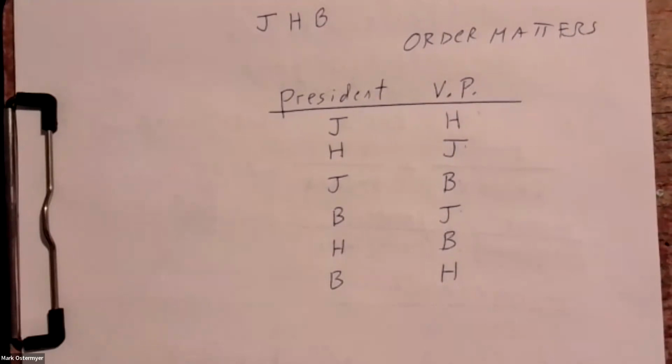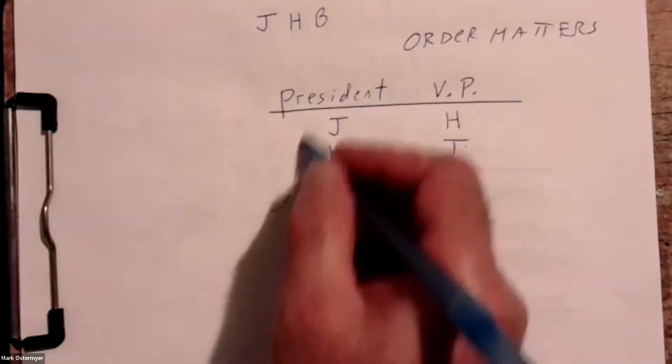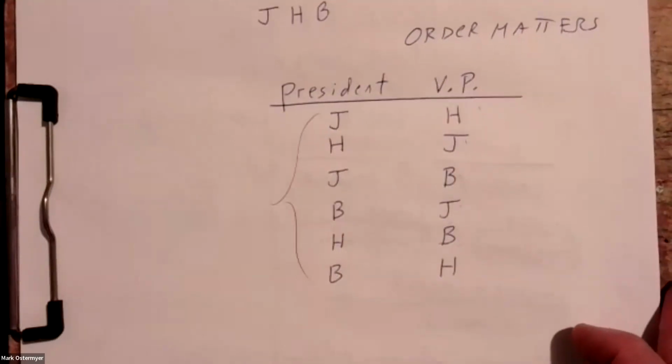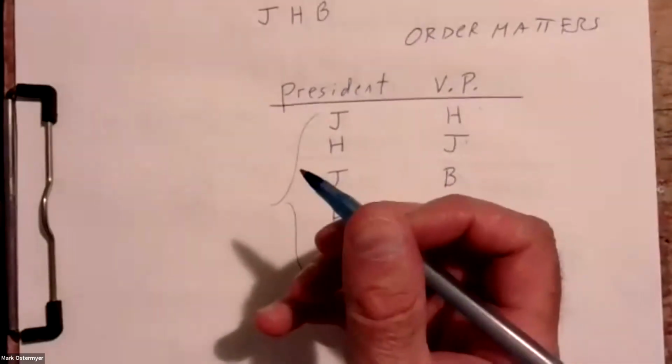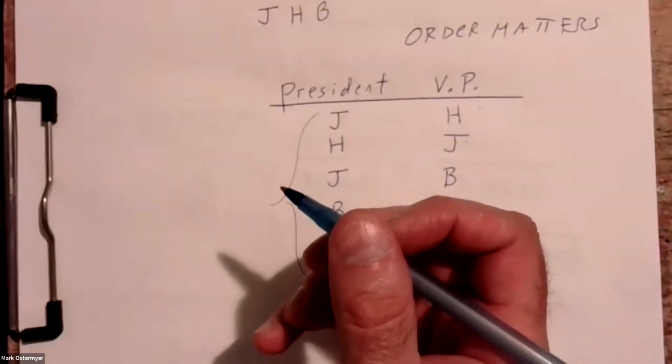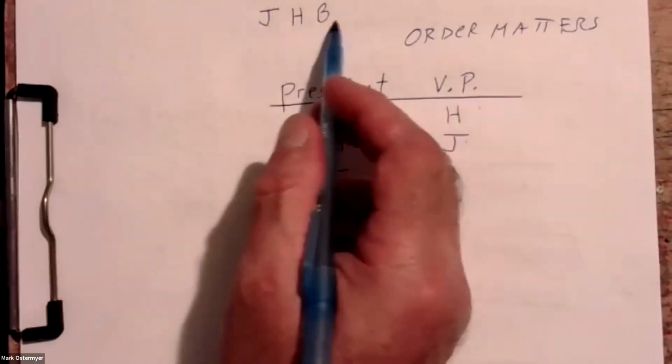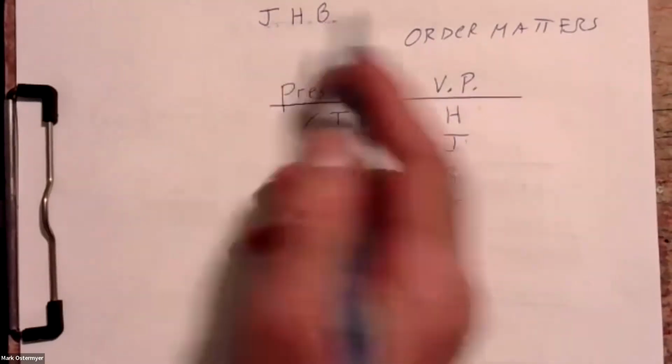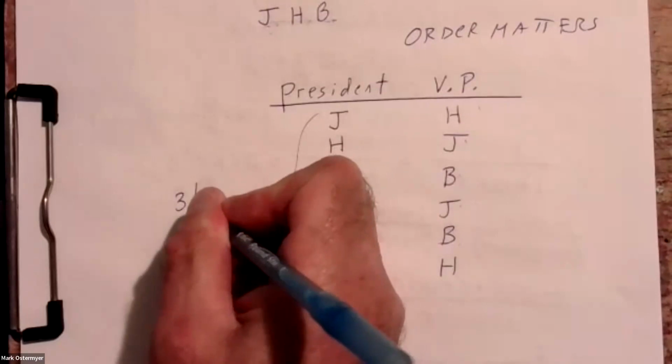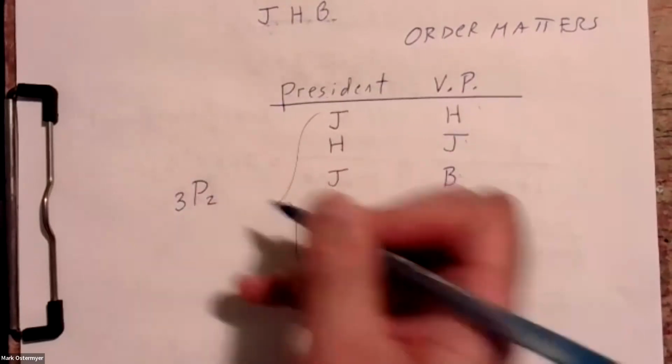Now, ladies and gentlemen, since order matters, this is a permutation. So to determine the 6 possible ways or 6 arrangements here, or the total number of arrangements, which is 6, we speak in terms of a permutation. So we have 3 people that we want to permute 2 ways.